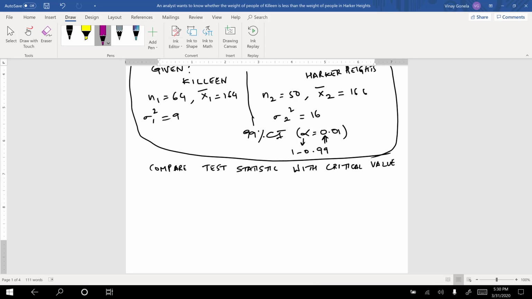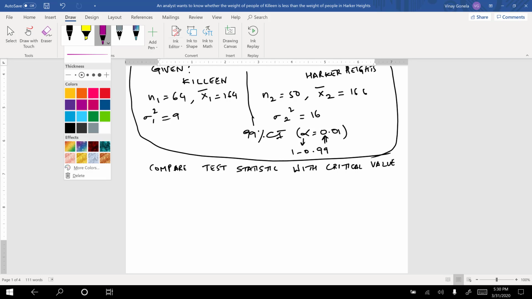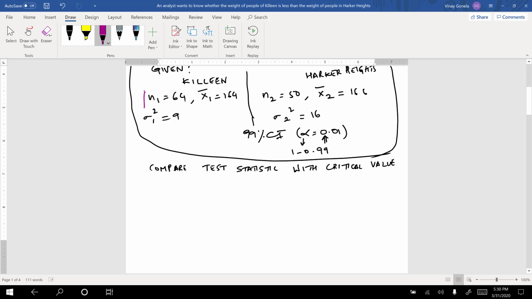To do that, we see our sample size n1, 64 is greater than 30, and n2 is also greater than 30, both are greater than 30, and your variances sigma 1 square and sigma 2 square, which are population variances, are known.